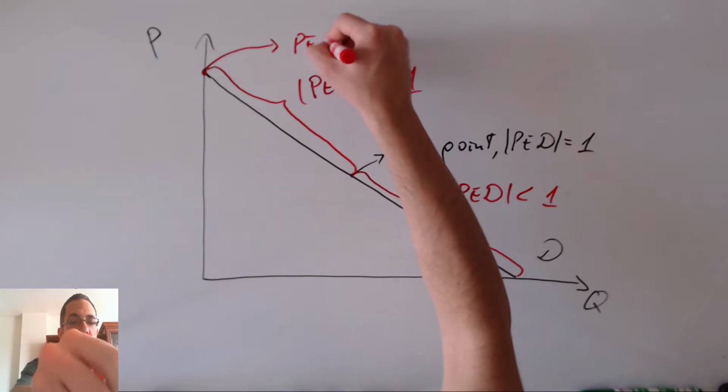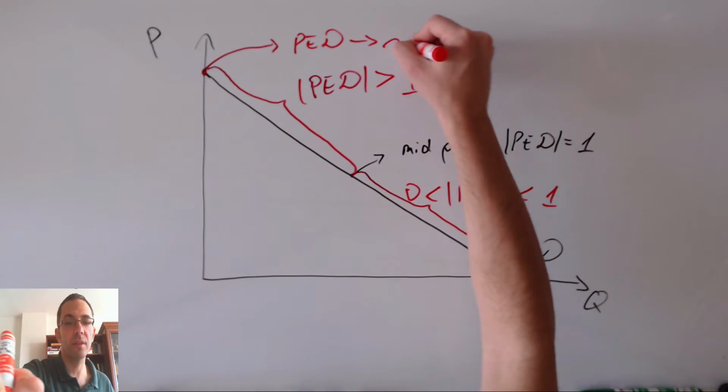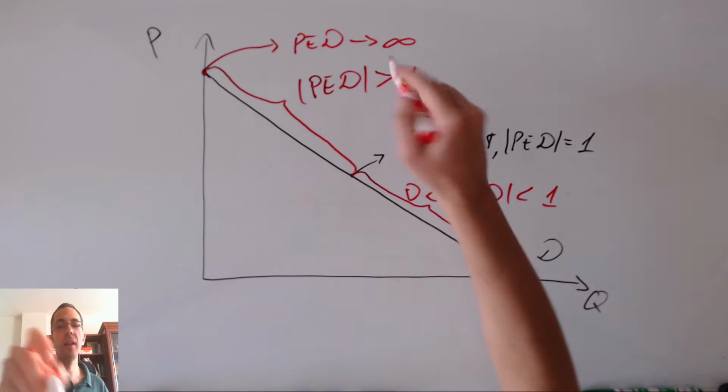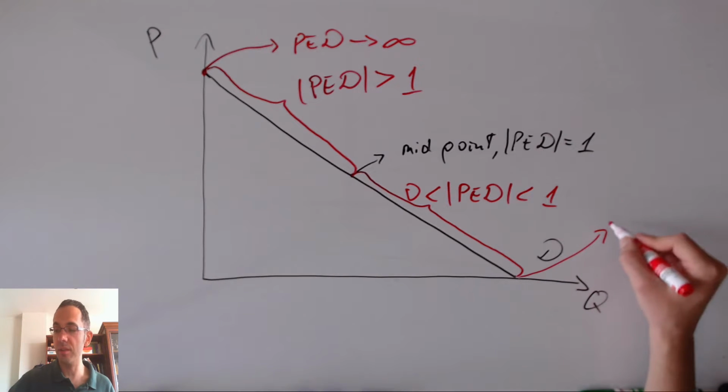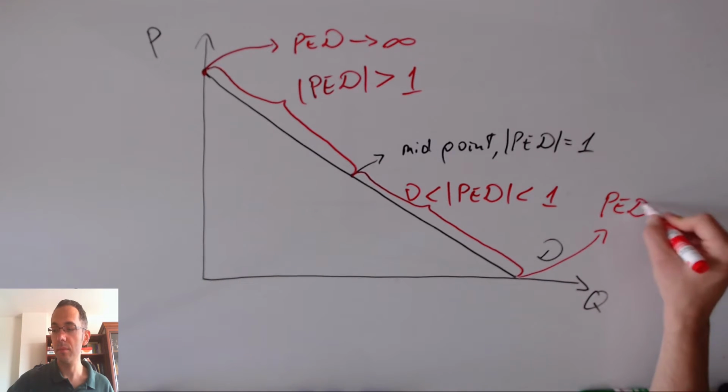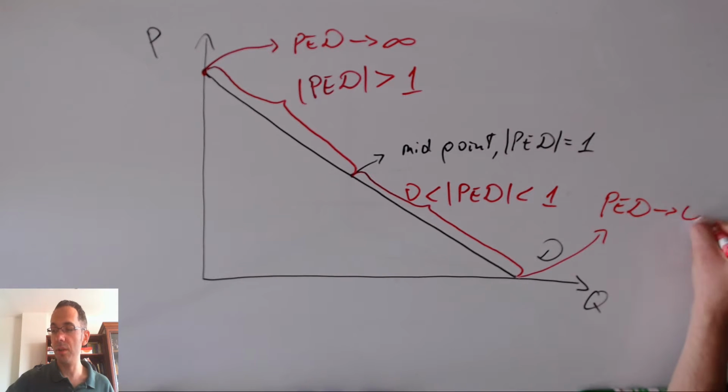And our two extreme cases are over here, where price elasticity of demand will be approaching infinity. This arrow sign means approaching. And over here, the price elasticity of demand would be approaching 0.